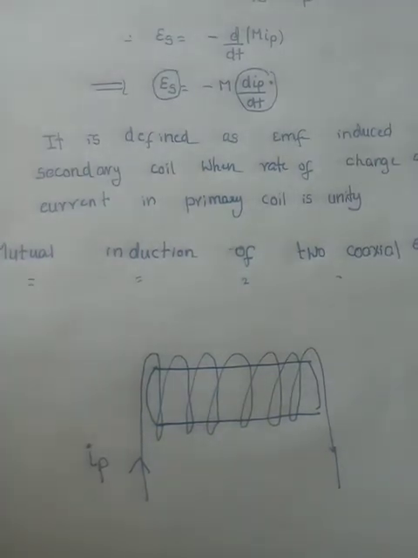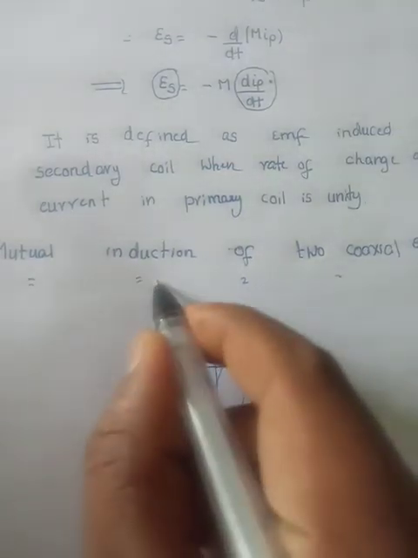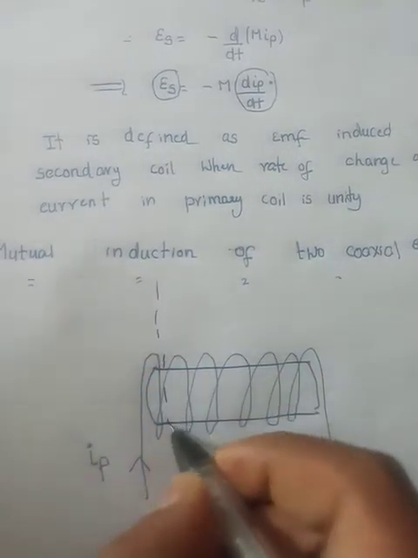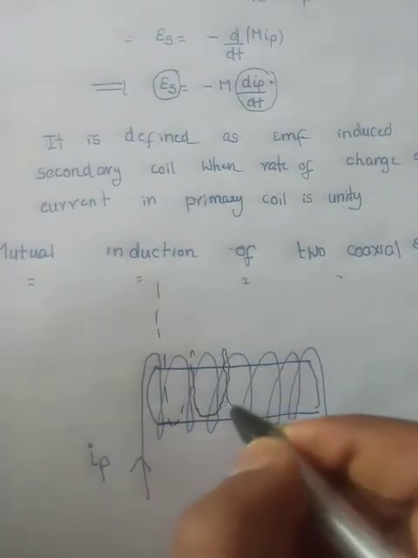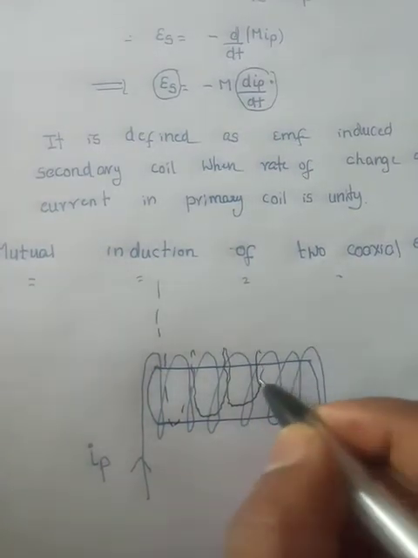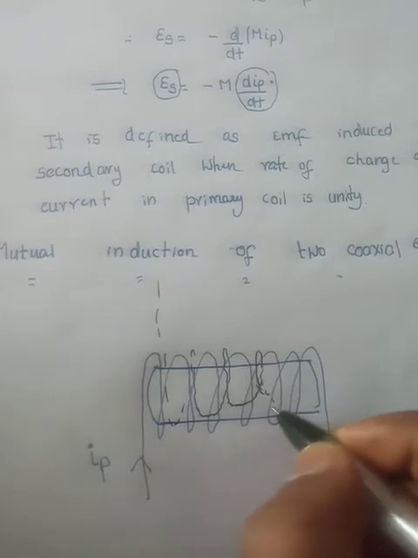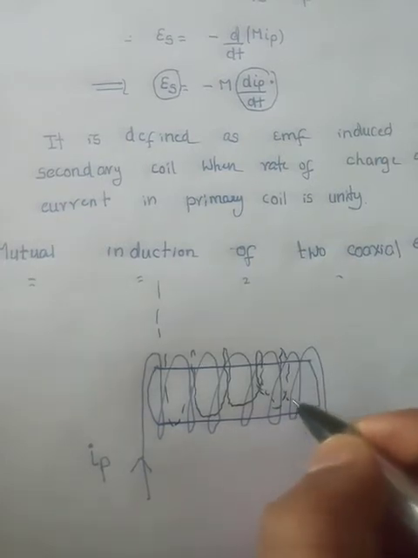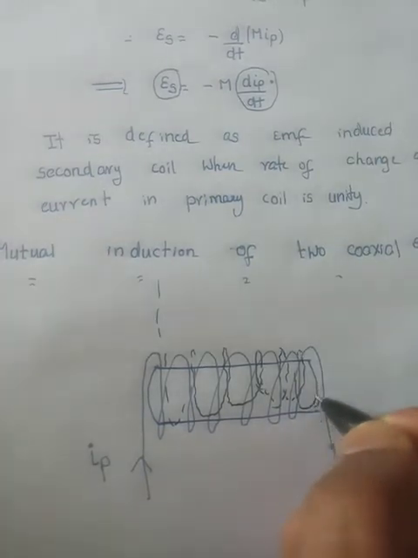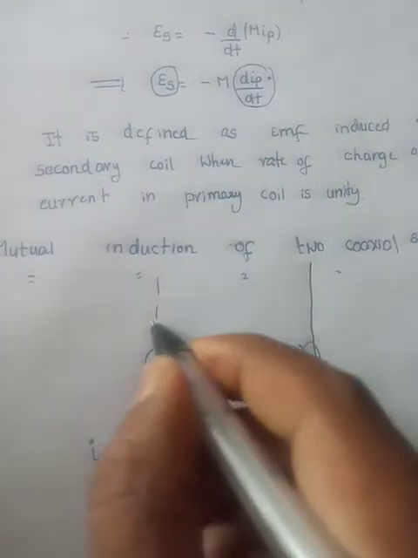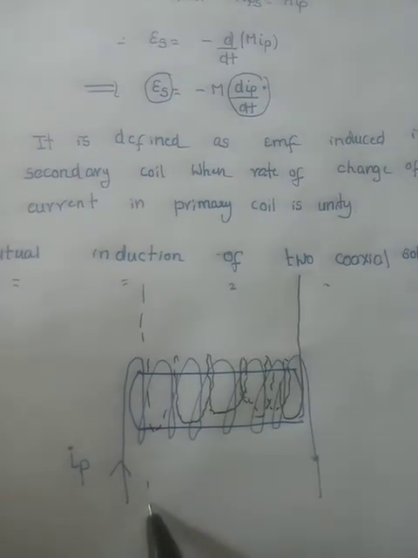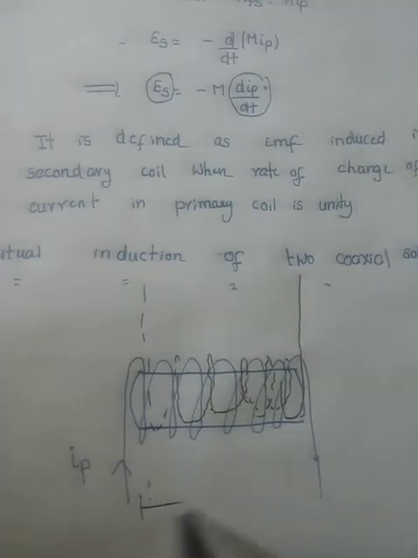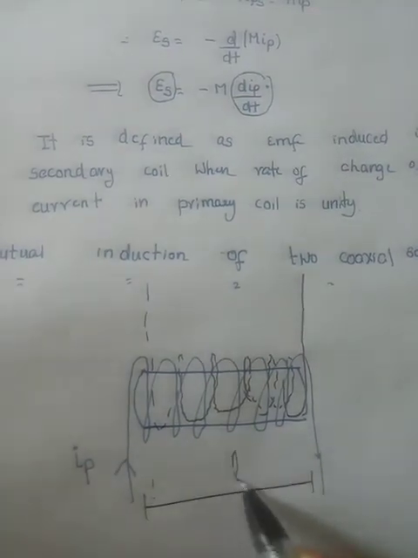Now, one more coil is wound on this one, to reduce the flux leakage, because whatever EMF is induced in the primary coil, we should induce the same EMF in the secondary coil. In this, the current should not flow, because we are varying current in the primary coil, not in the secondary coil.